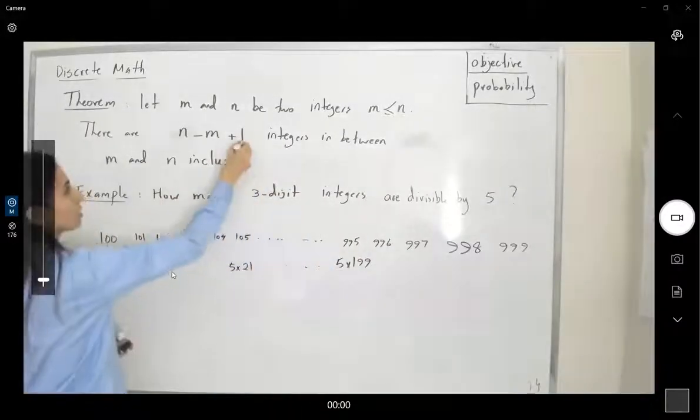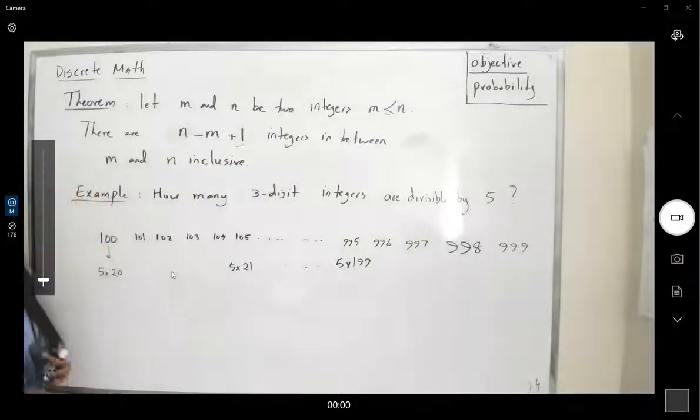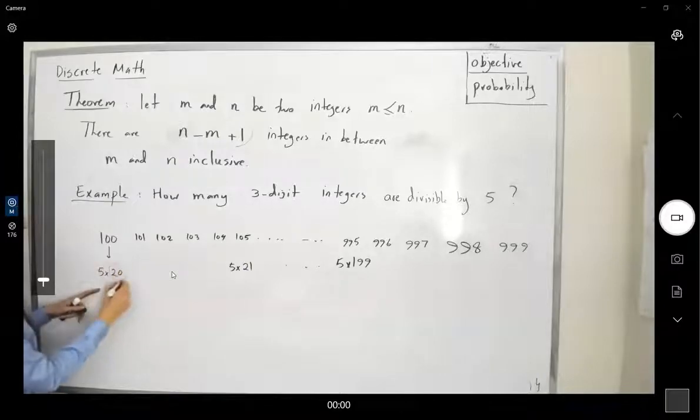So our goal is to try to use this theorem that we just learned. The very first number is 20.